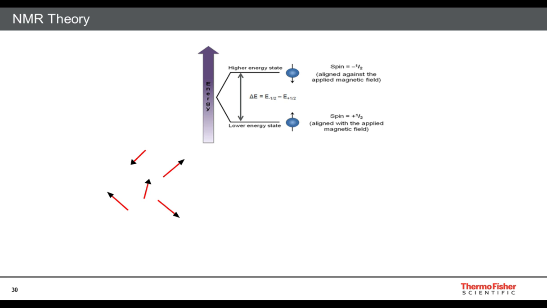But if we then introduce an outside field, a magnetic field, they are forced to either adopt an orientation with that external field, which is the low energy state, or against that field, which is the higher energy state. Now we have two different energy states, just as we do with UV-Vis, and that allows us to have a Boltzmann population distribution and therefore to do some spectroscopy.